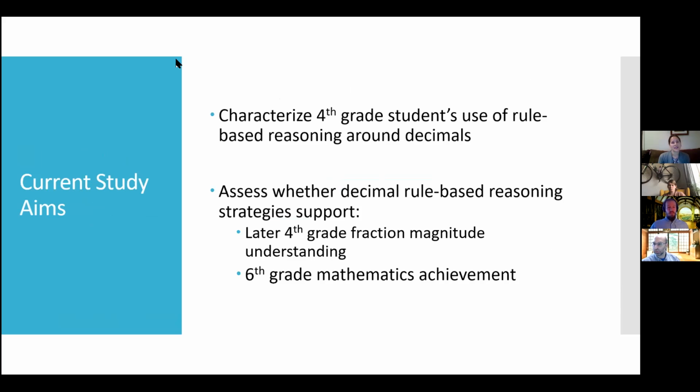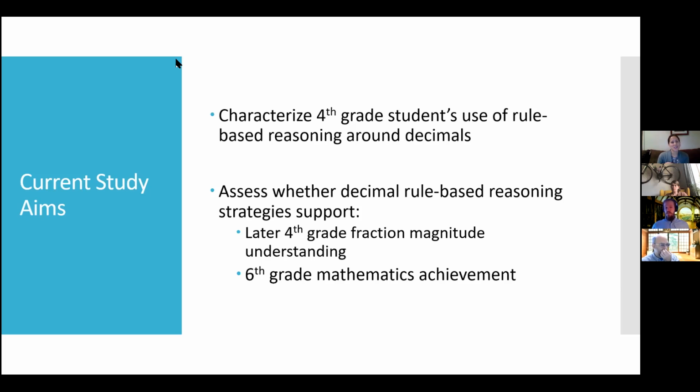So the aim of this study is to categorize 4th grade students' use of this kind of rule-based reasoning around decimals. If they reason about decimals in similar ways to fractions, then we can see similar approaches across representational format, the same type of reasoning. We also look at whether that reasoning is predictive of fraction magnitude later.